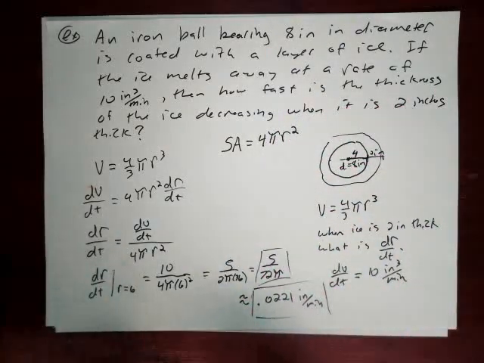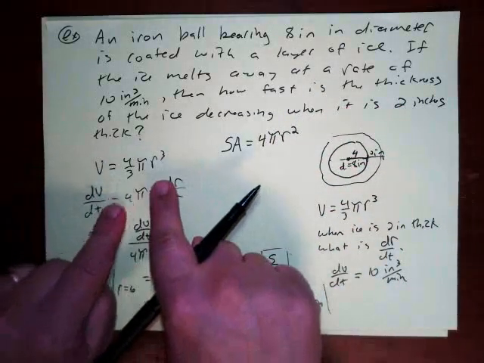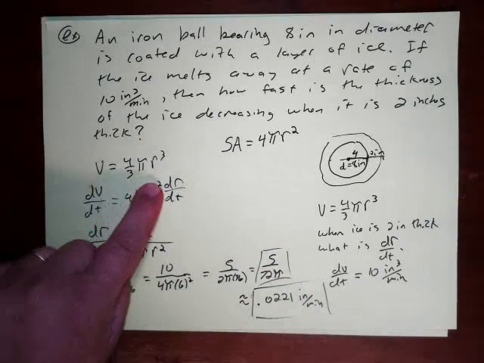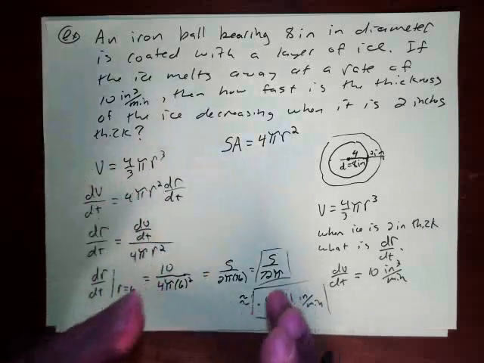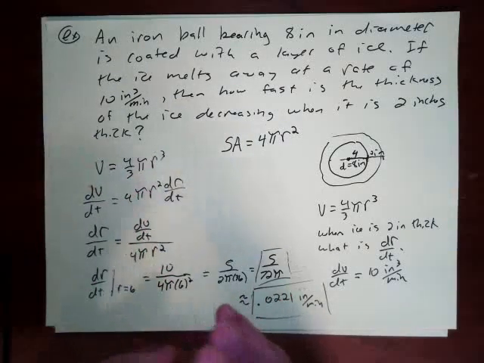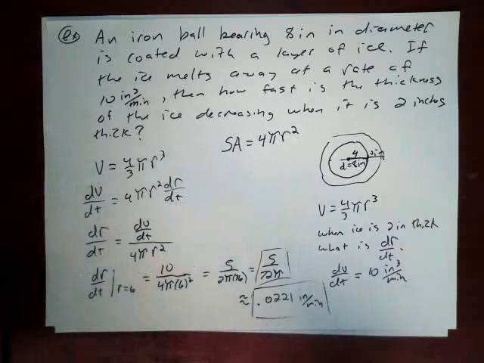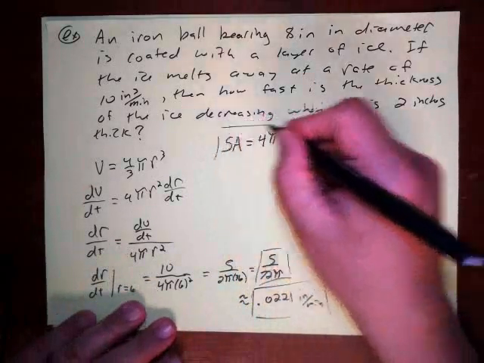And here's an interesting thing: when you take the derivative of the volume, you actually get 4 pi r squared. So the rate of change of a volume at a certain instant is the surface area. As the r is decreasing, as it goes in, what it loses is that outer layer, and so the surface area is actually the derivative of the volume. It's kind of an interesting thing here.